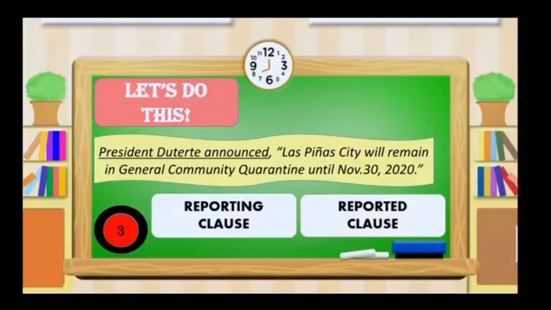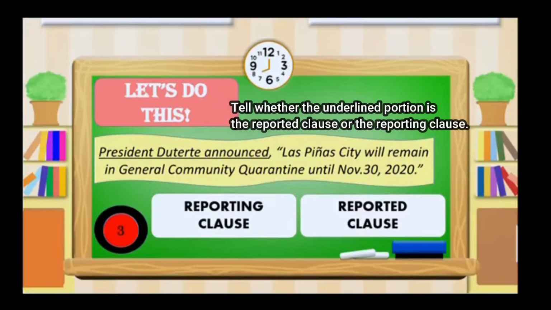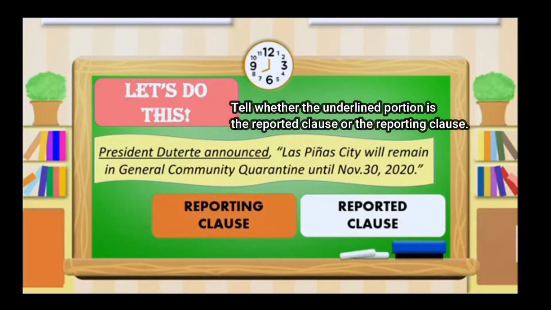Now that you know what a direct and reported speech are, let's try to identify their parts. Tell whether the underlined portion is the reported clause or the reporting clause. Time's up. The correct answer is reporting clause. Did you get it right? Amazing! Let's check out the next one.